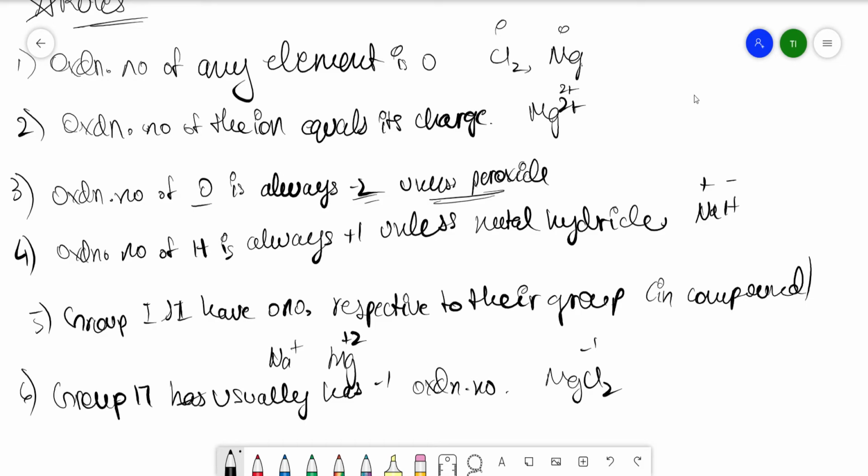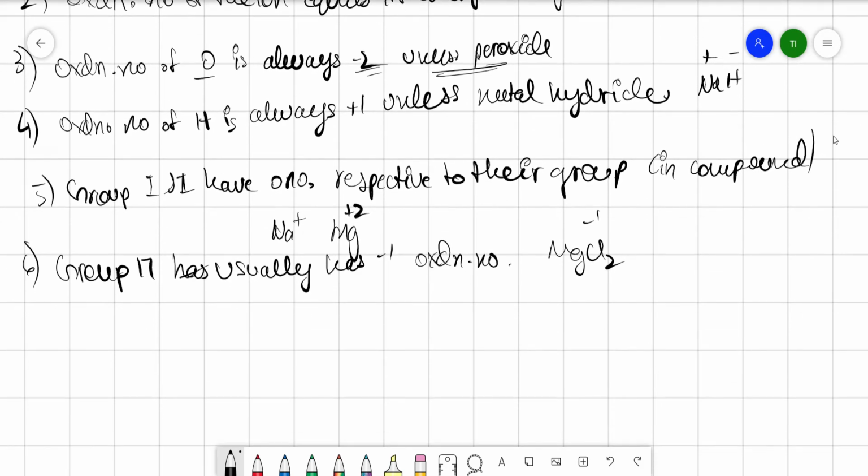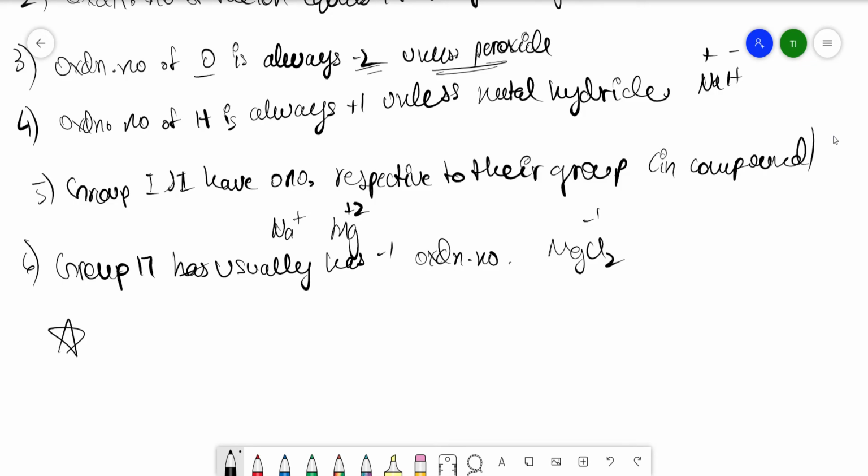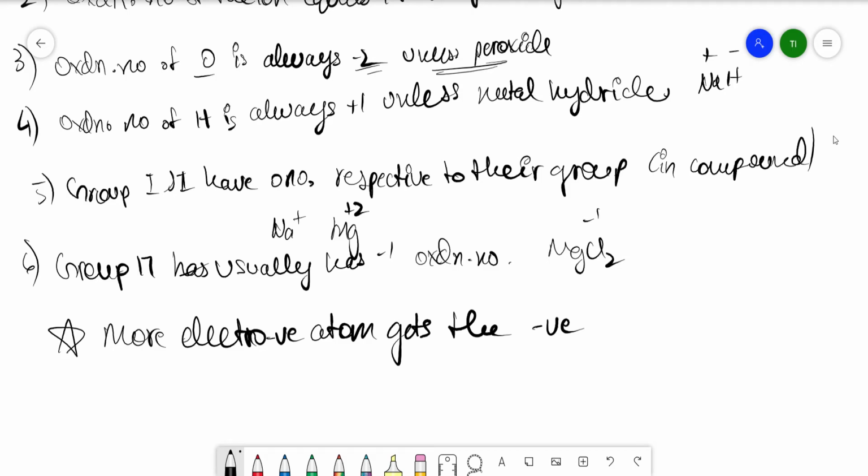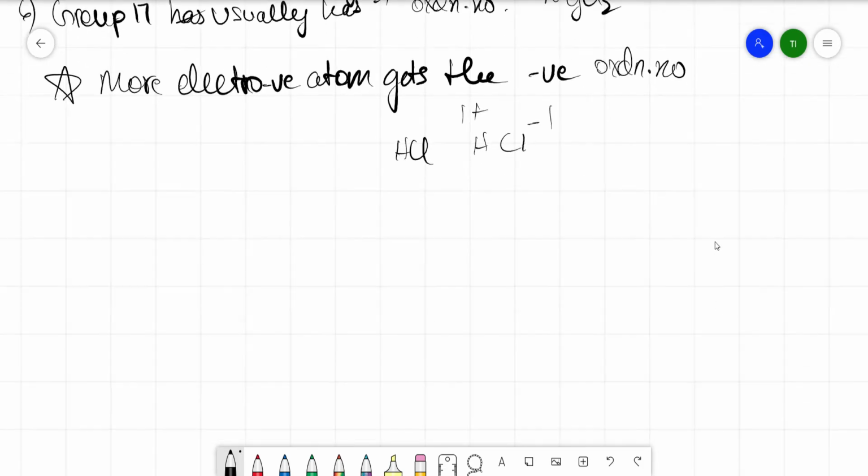And one important thing, in relation to electronegativity from your chemical bonding lesson, is that the more electronegative atom gets the negative oxidation number. So for example, in HCl, Cl is more electronegative than H, so Cl has the oxidation number of -1 and H has the oxidation number of +1. That's pretty much it for the rules.